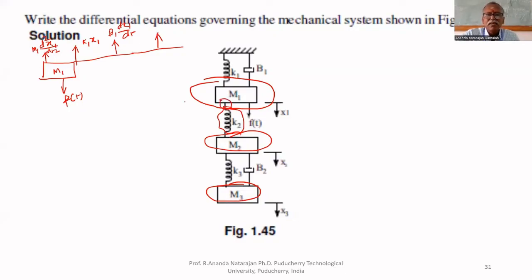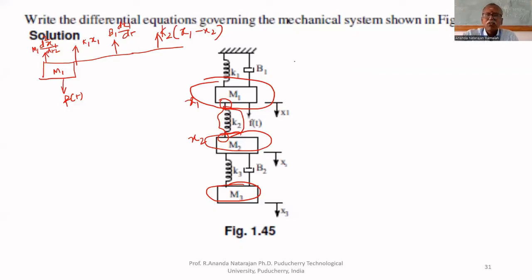Displacement at this end is x1, displacement at this end is x2. Therefore, because of this K2, K2 multiplied by x1 minus x2. Both ends are free and the displacement direction is the same, that's why x1 minus x2.